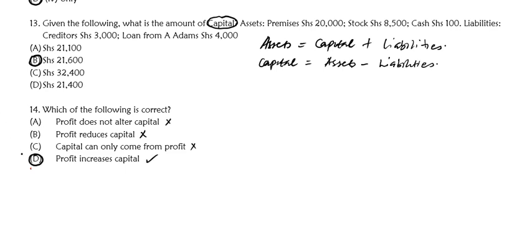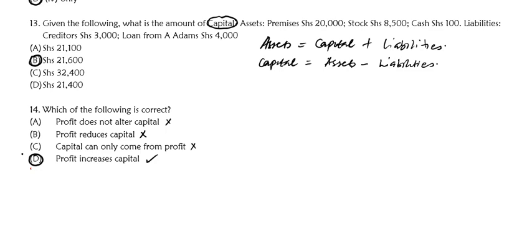The rest of the options are wrong. Profit does not alter capital. That one is wrong. Profit will always change your capital. Profits reduces capital. That one is wrong, because when you make profits, capital of the business goes up. Capital can only come from profit. That is wrong. Capital can come from some other sources.